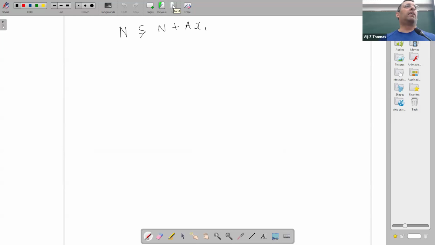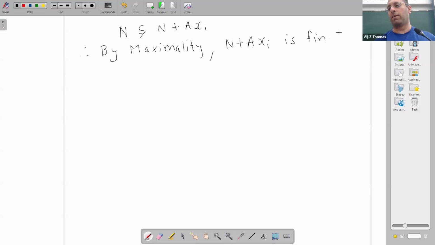So now what can you say? Again, you have something bigger than N. So therefore, by maximality, N plus AXI is a finitely generated A-module. Okay.